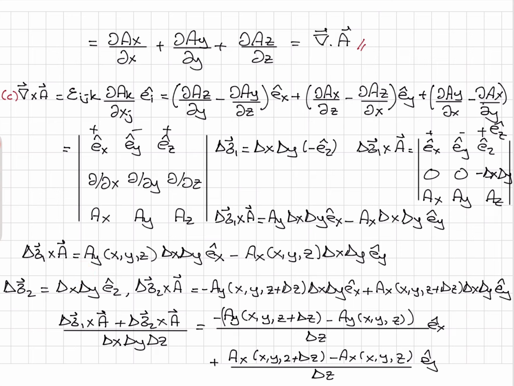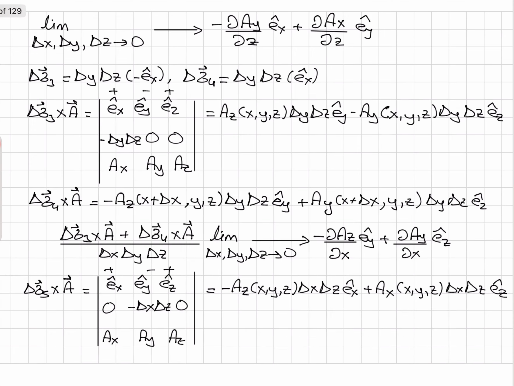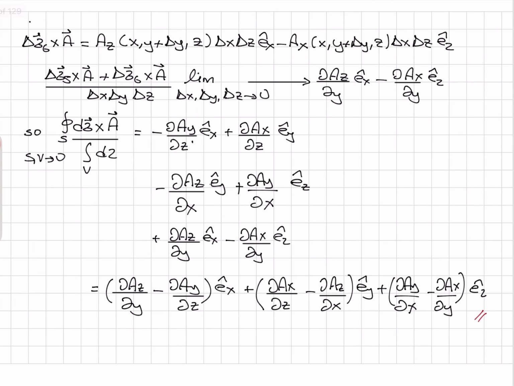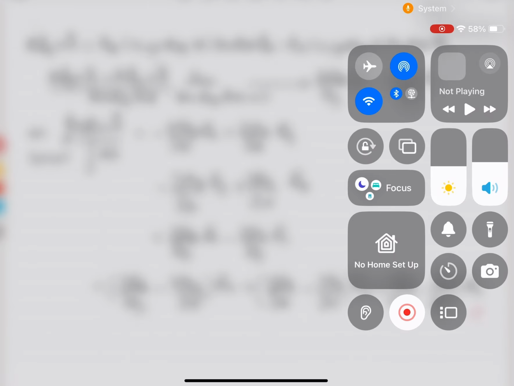And then we have added delta sigma 1 cross A plus delta sigma 2 cross A divided by the volume. For 3 and 4 and 5 and 6, we did the same thing. And then we take the limit delta x, delta y, and delta z go to 0. And we obtain this final form which matches with curl of A. Therefore, this is indeed a correct integral definition for the curl.